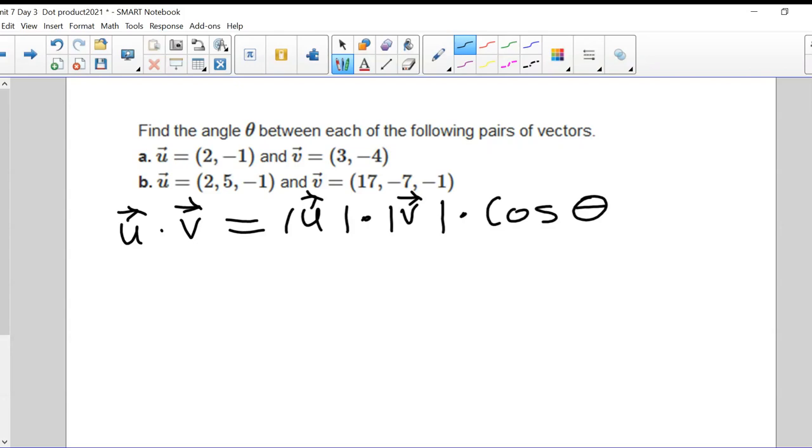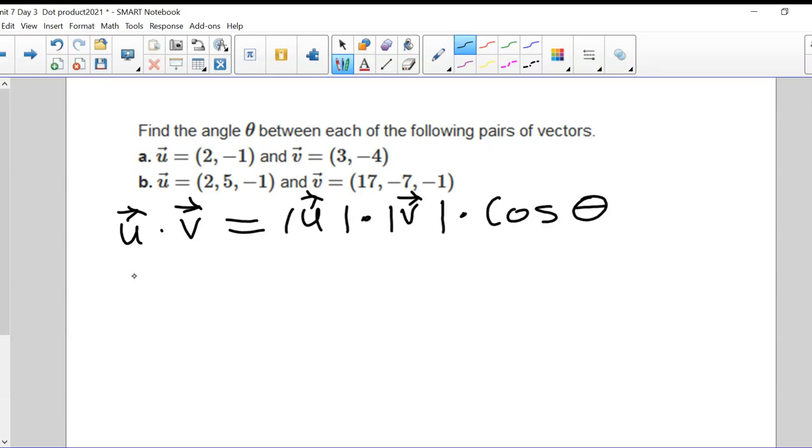So do we have enough information for us to find the angle between these two vectors? Turns out we do. If we took this formula for dot product, u dot v is equal to the length of u times the length of v times the cosine of theta.